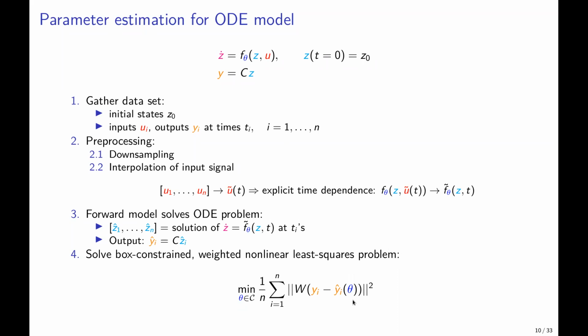Yes, and so in principle, it's just a nonlinear least squares problem, and you have this ODE solver at each step, and there are some technicalities. So, for example, what is the gradient, or what is the Jacobian then of your problem when you have an ODE solver in there?